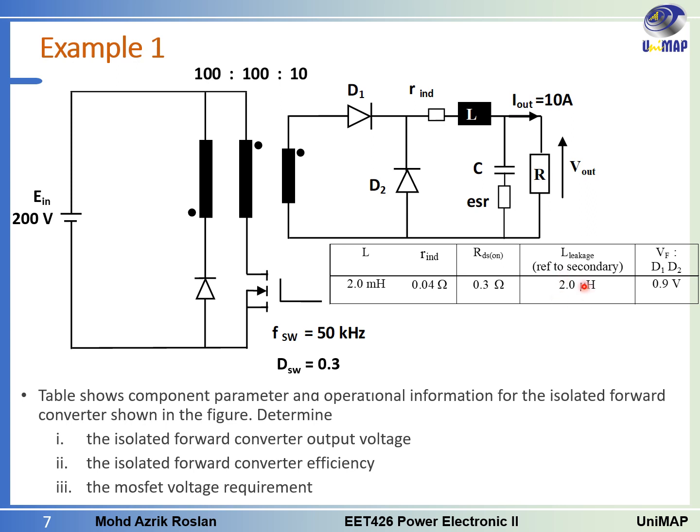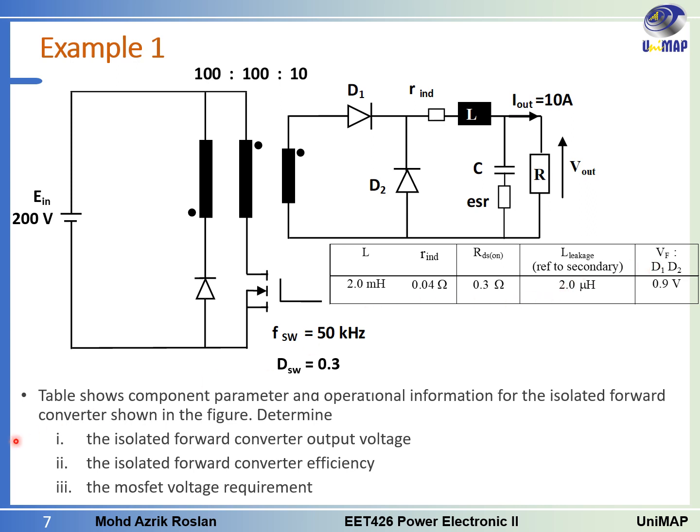Okay, small value, microhenry. This one is millihenry. And then we have the forward voltage of the diode. For both D1 and D2, we have 0.9. This is the voltage across the diode when the diode is forward biased.